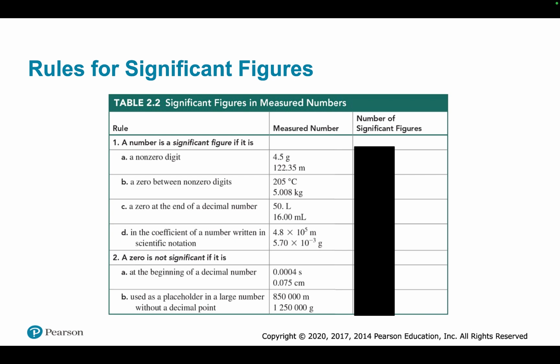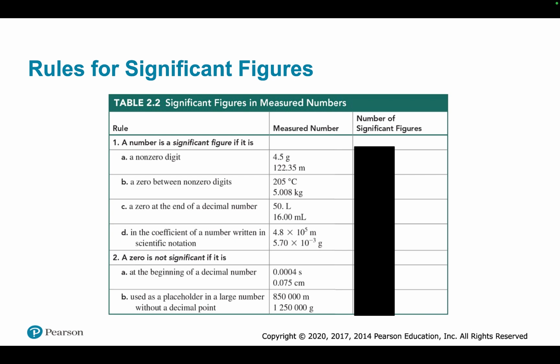A 0 at the end of a decimal number, those digits are significant. So in that 50 with a decimal place afterwards, that has 2 significant figures. If we were to take that decimal point away and just have it written as 50 liters with no decimal place, that would only have 1 significant digit.